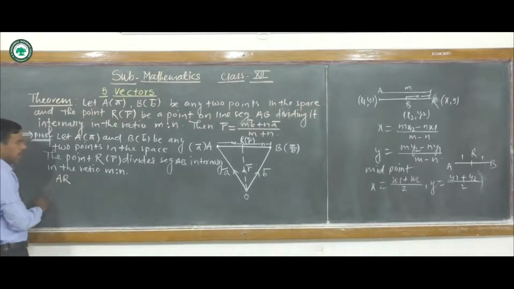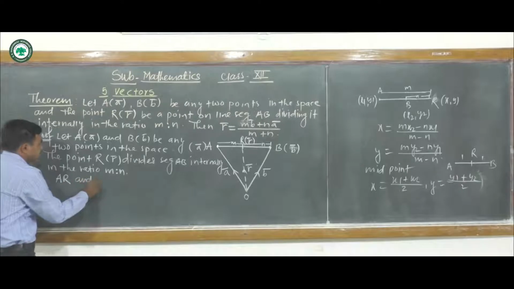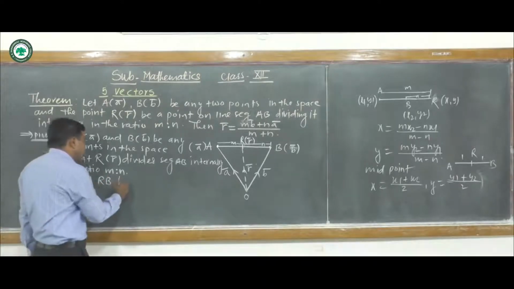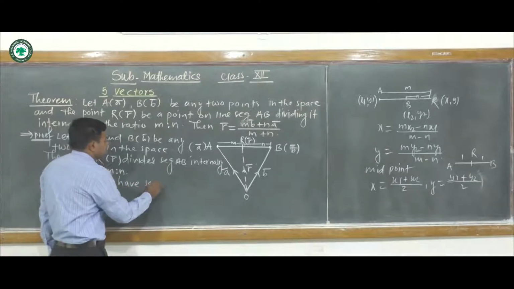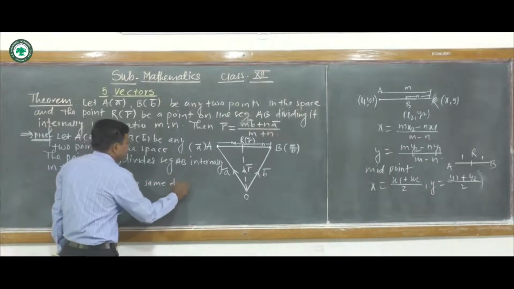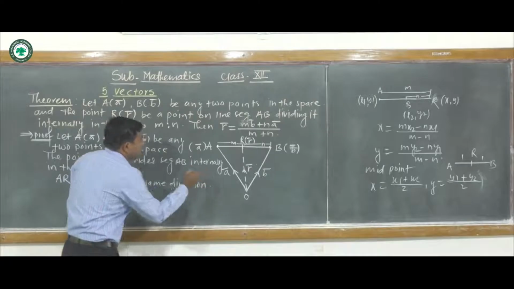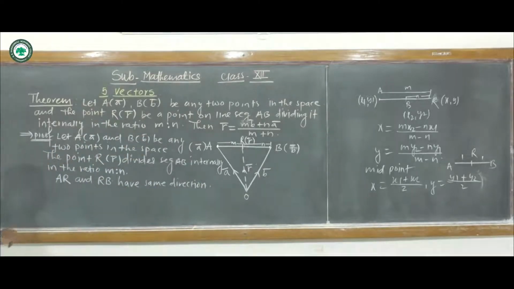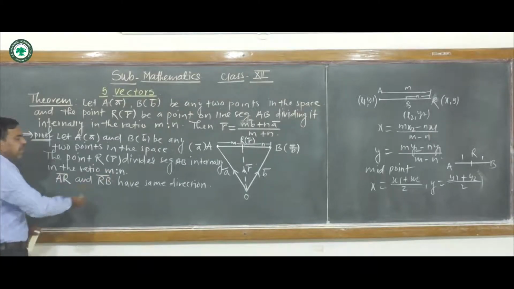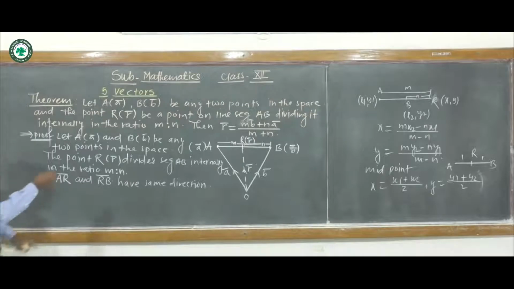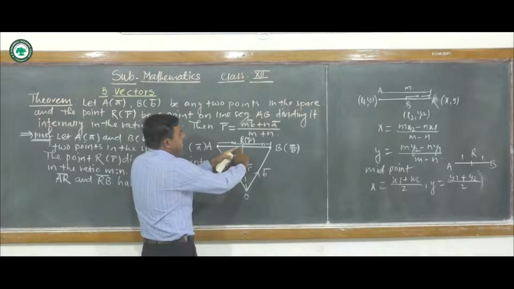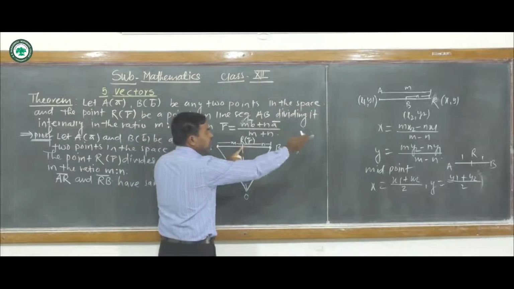AR and RB have the same direction, meaning vector AR and vector RB have the same direction. See here from this figure, AR direction is south to north, RB direction is from south to north.